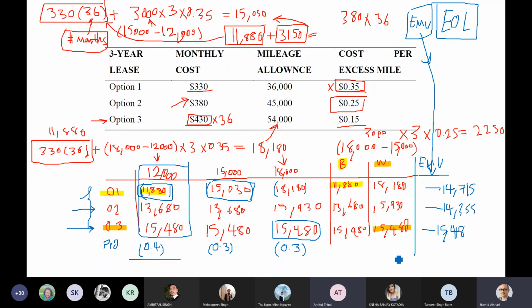Okay, so which option provides you the minimum cost? Second option. The second option provides you the minimum cost.